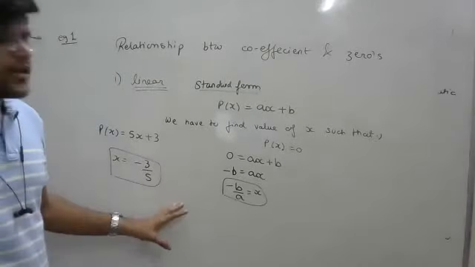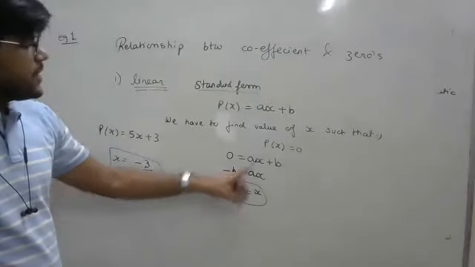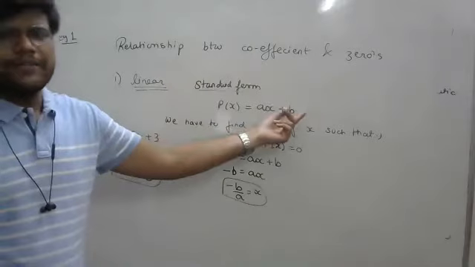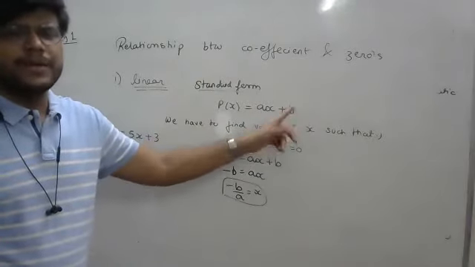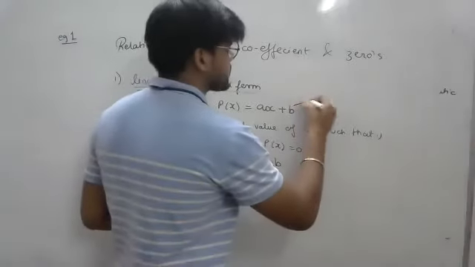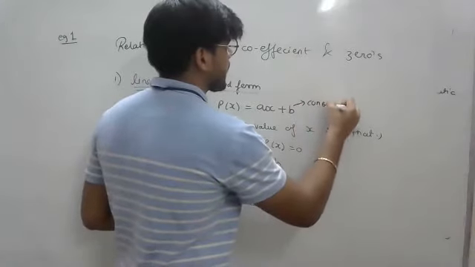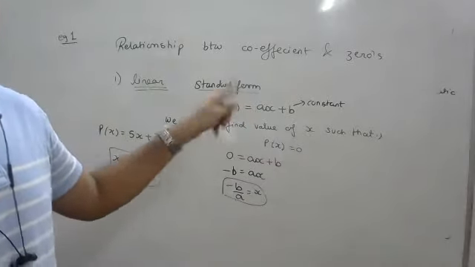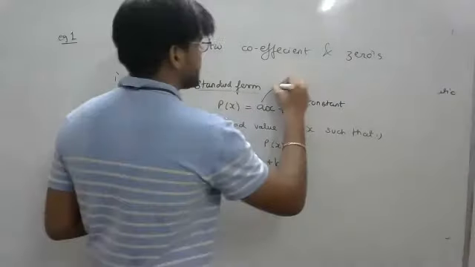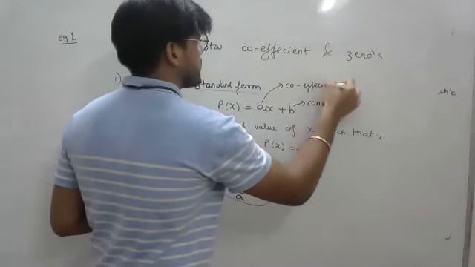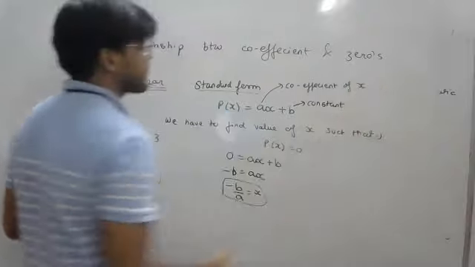So what we have done here is minus b by a. What is b? b is a constant term. In a polynomial, if you are having a term which is not multiplied with the variable, this is alone, it is known as constant. And this a is along with x, so it will be known as the coefficient of x.